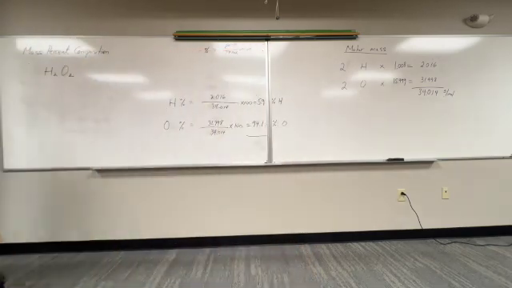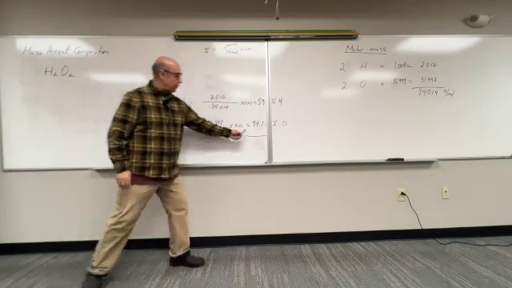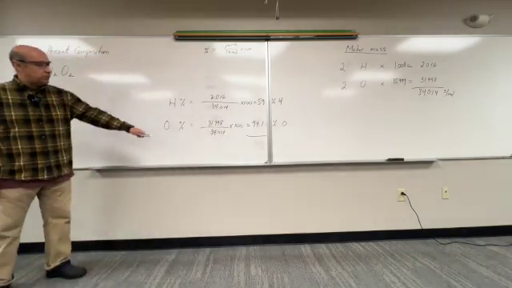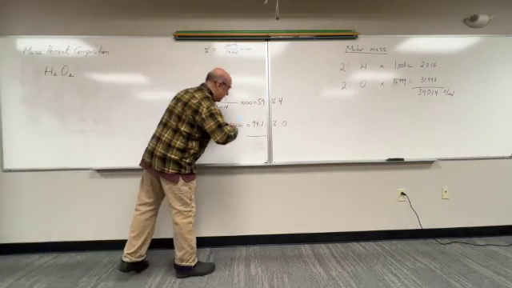I got 94.1. I get 94.07. So only one decimal point, 94.1. And if we add those two together, we get 100.